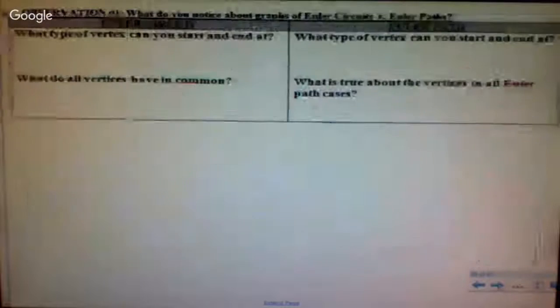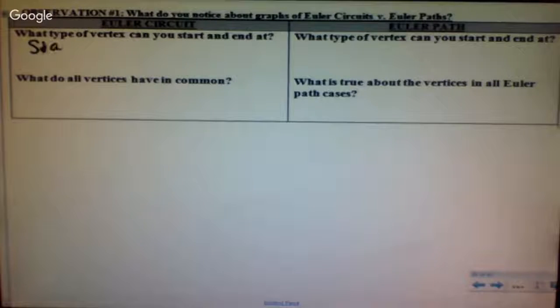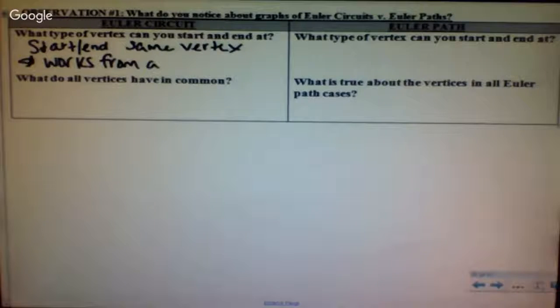Okay, so we already said, what type of vertex can you start and end at for a Euler circuit? Well, we start and end at the same. Also, make note that this works from anywhere.